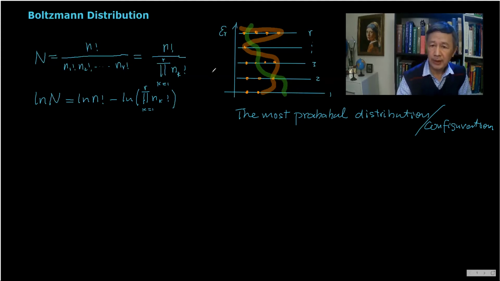By the way, what is this N? N is the total number of identical particles.